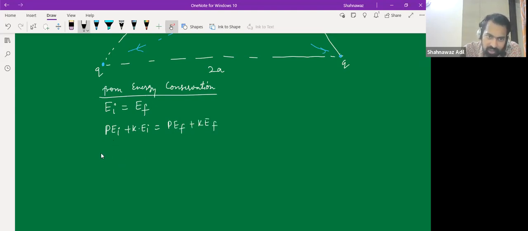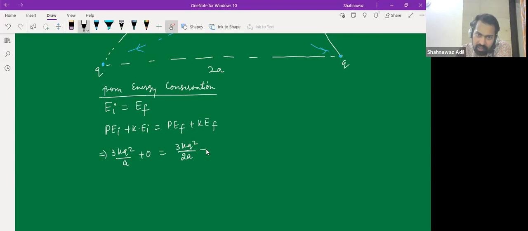So the initial potential energy is 3kq square by a, and the initial kinetic energy is 0. And what is the final potential energy? 3kq square by 2a.